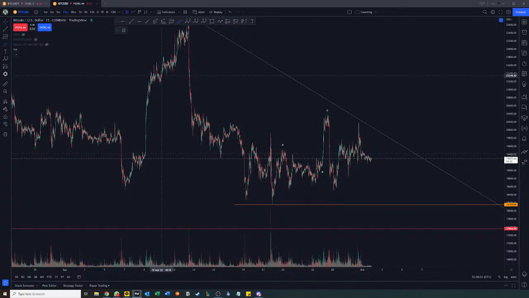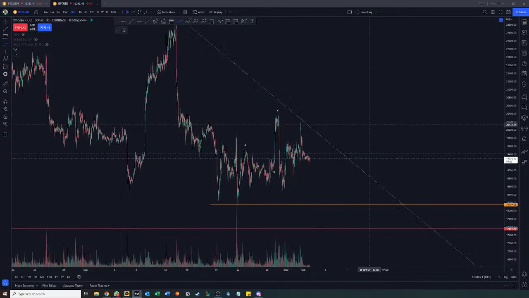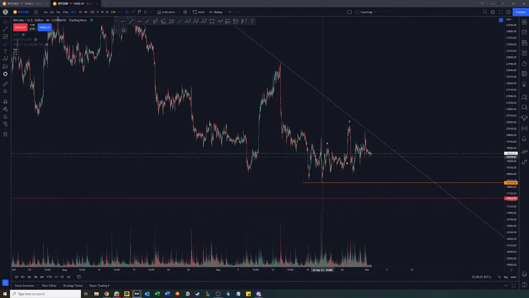The ABC can have... it's always not the best to have ABC going upwards if you want a big long, but this ABC can change. For example, let's see.